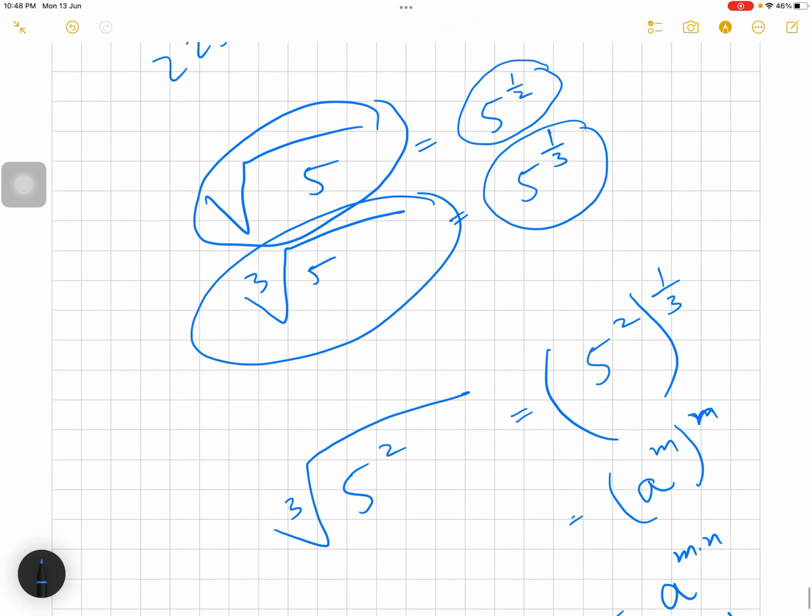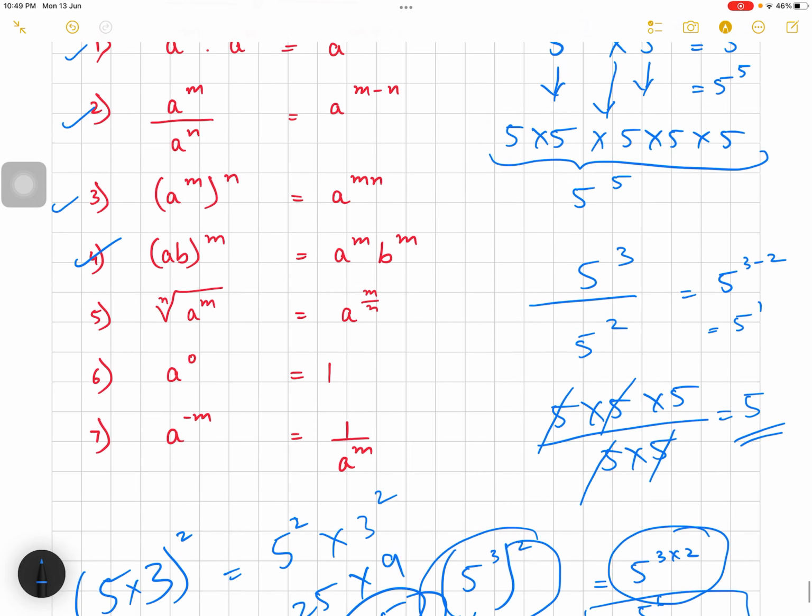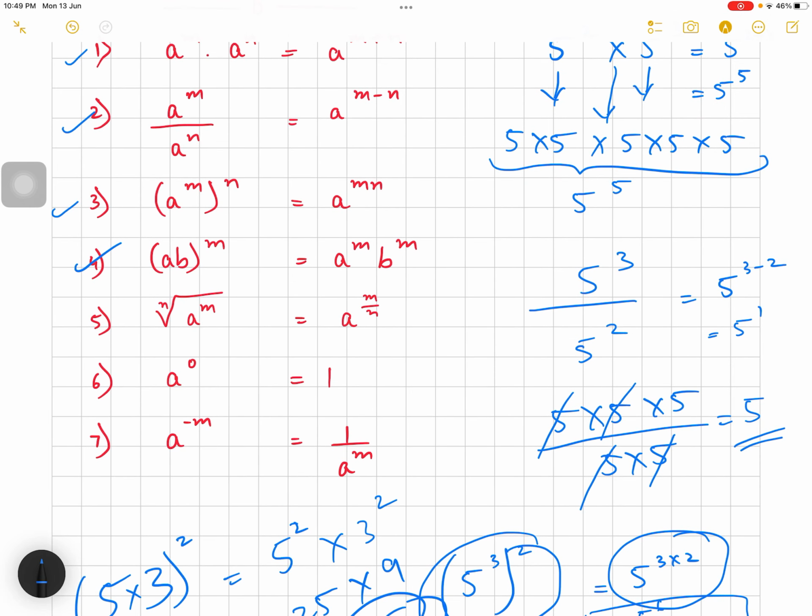What I mean to say is, if nth root of A raised to m is given, then n is the denominator of the power. I hope you get my point, what I'm trying to say.